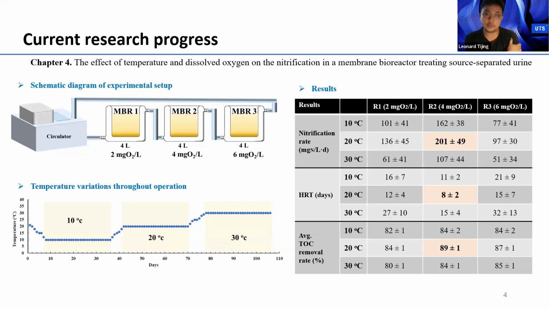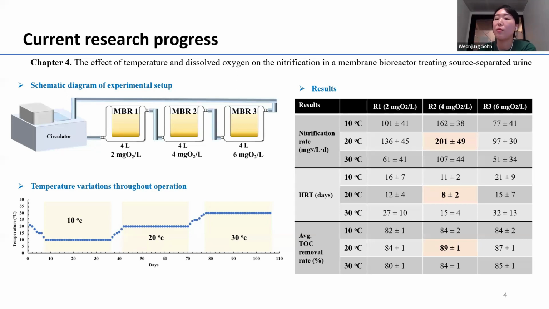Have you done any further analysis on this? Yes, from my CA1, I got comments to clearly investigate the nitrification rate and HRT. It was Dr. Sharup's comment, the one that you're showing now? Yes. Nitrification and HRT are closely related.